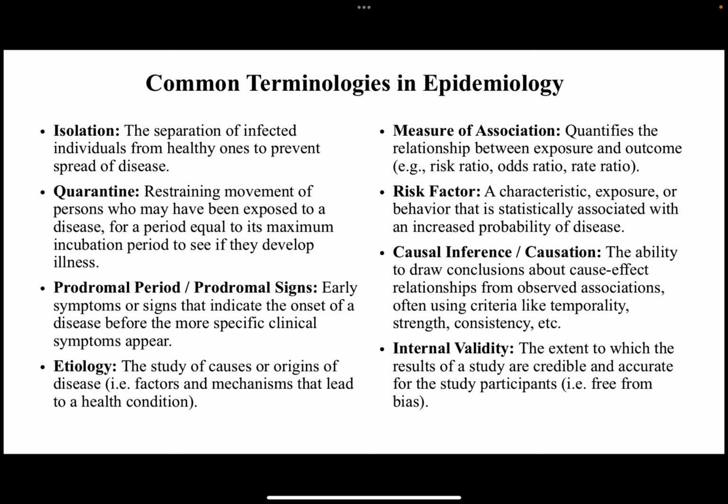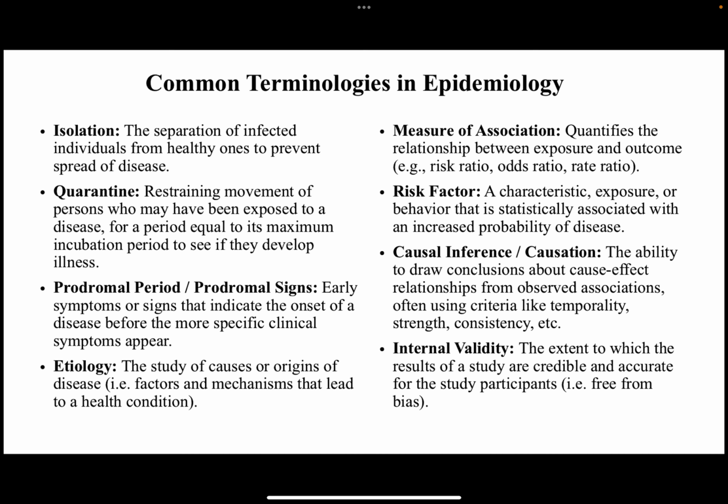But when we say external validity, that has to do with the ability for you to generalize the findings from a study to another population or another setting. That is what we call external validity. In some literature, they call it generalizability. That's the same as external validity. But internal validity is about how accurate and trustworthy a study's results are for the participants that are being studied.